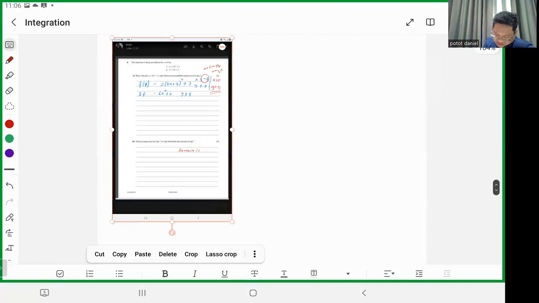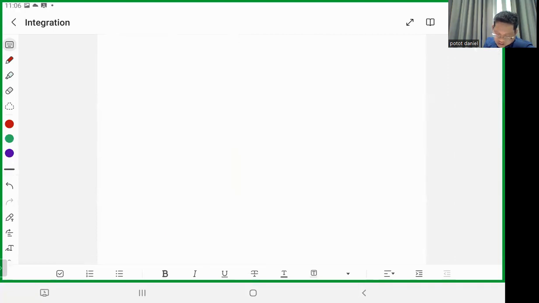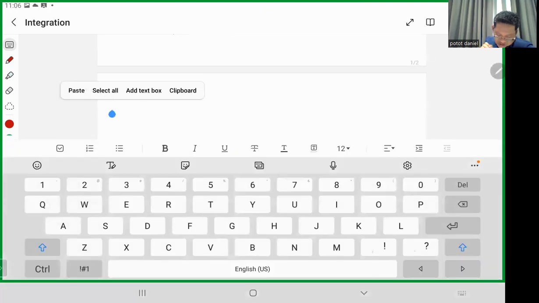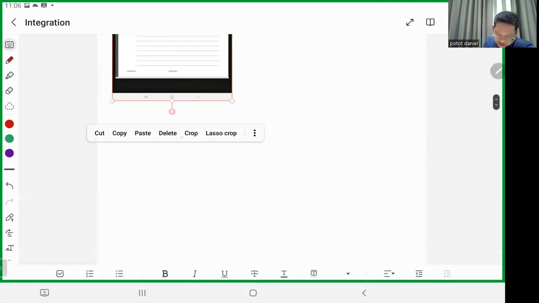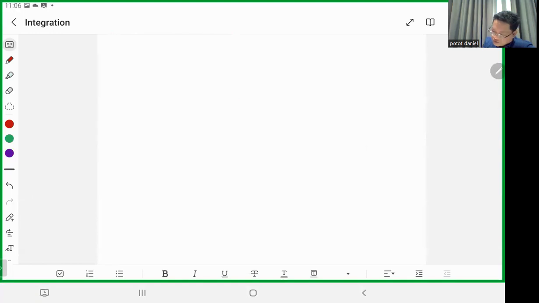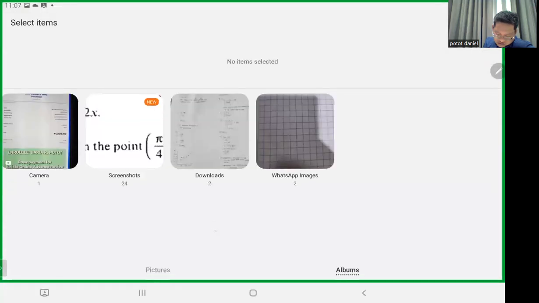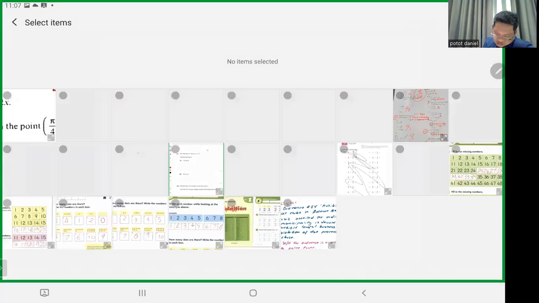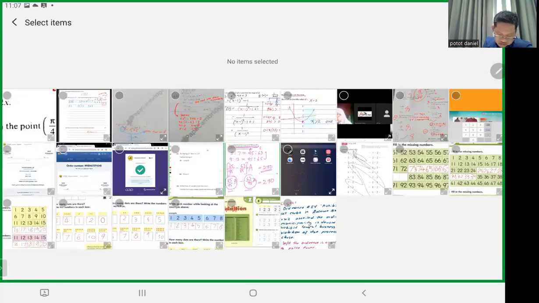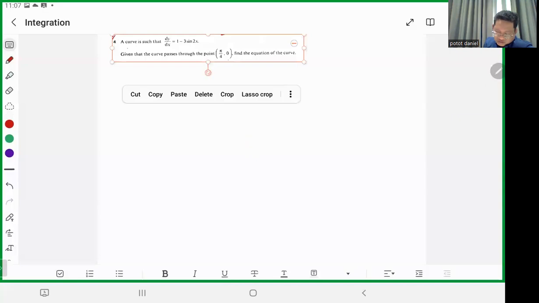No, it doesn't work. Again, paste. It really doesn't work. Maybe I need to use image, gallery, screenshot. This one. Done. Okay, perfect.